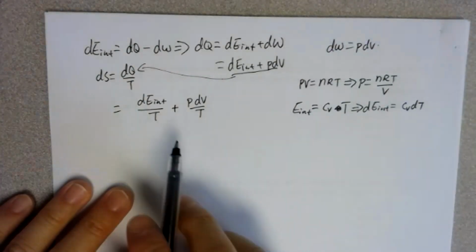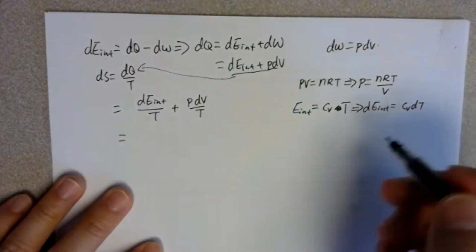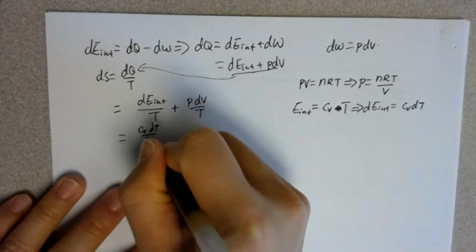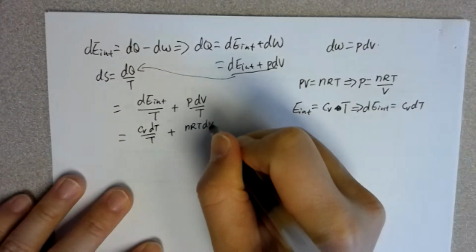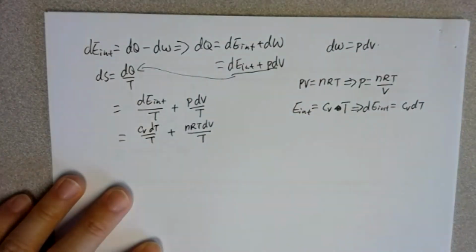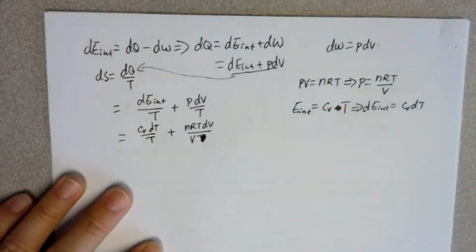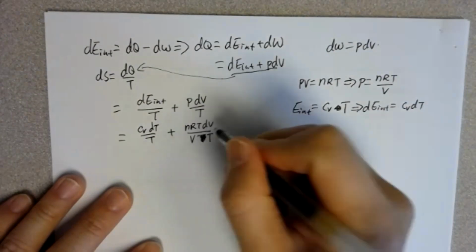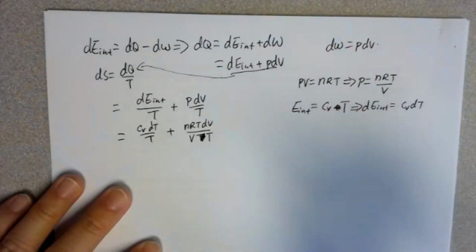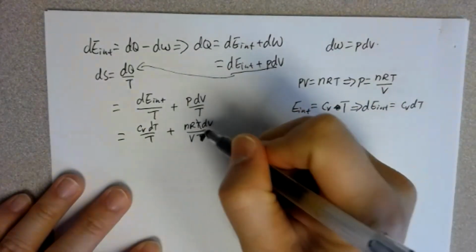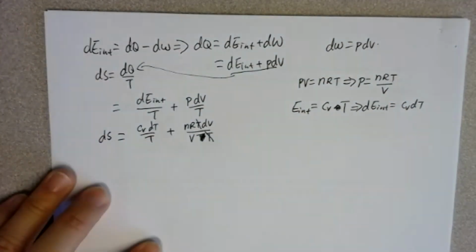So the first term here now becomes CV dT over T. The second term will be nRT dV over V, and then over T. Okay, so nRT over V being P, and then there's T from here originally. You can see that T and T cancel. Okay, so that's your dS.